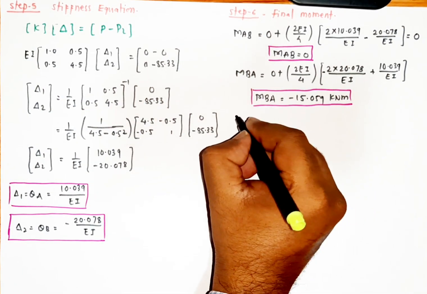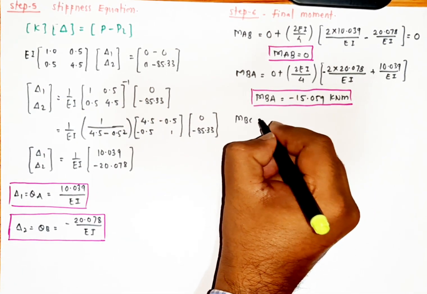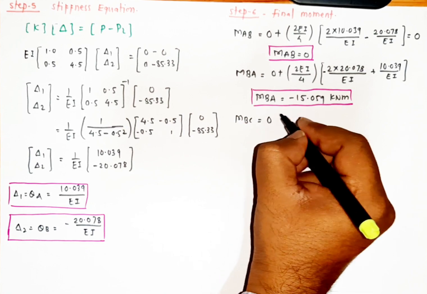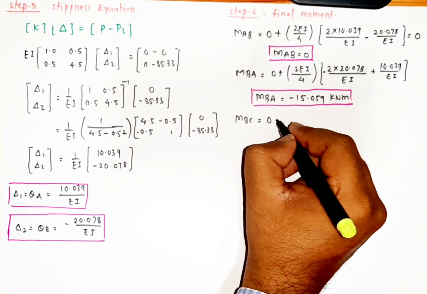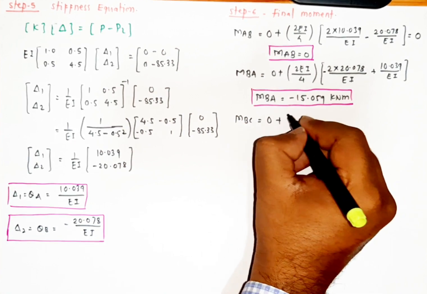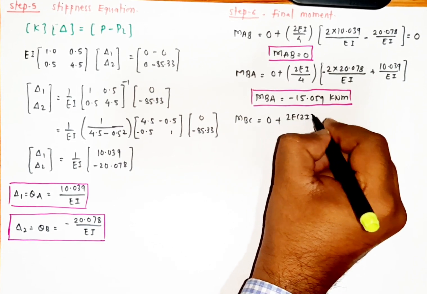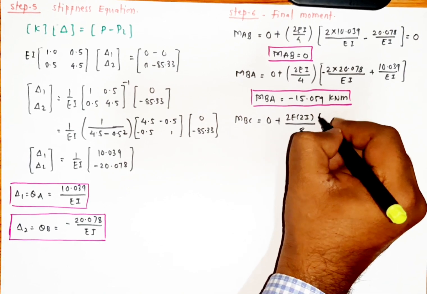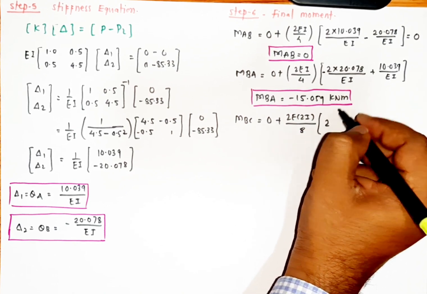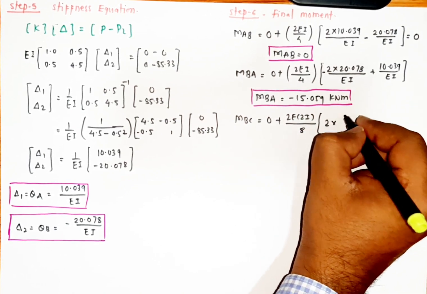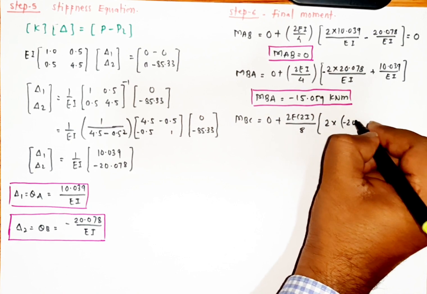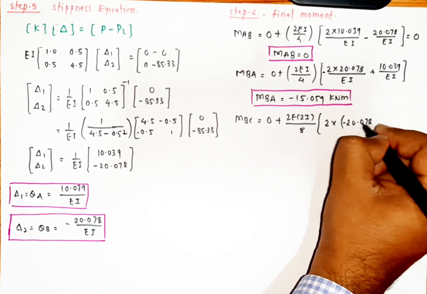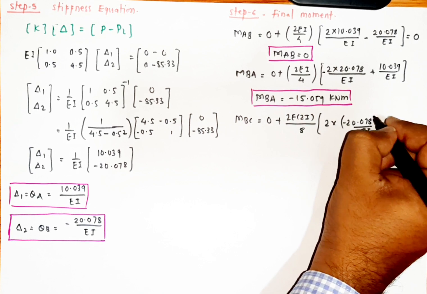Now next we want to find out MBC. Therefore MBC is equal to, here also there is no external force, that's why MFBC is 0, plus twice E into twice I divided by L is 8, into twice minus 20.078 divided by EI.